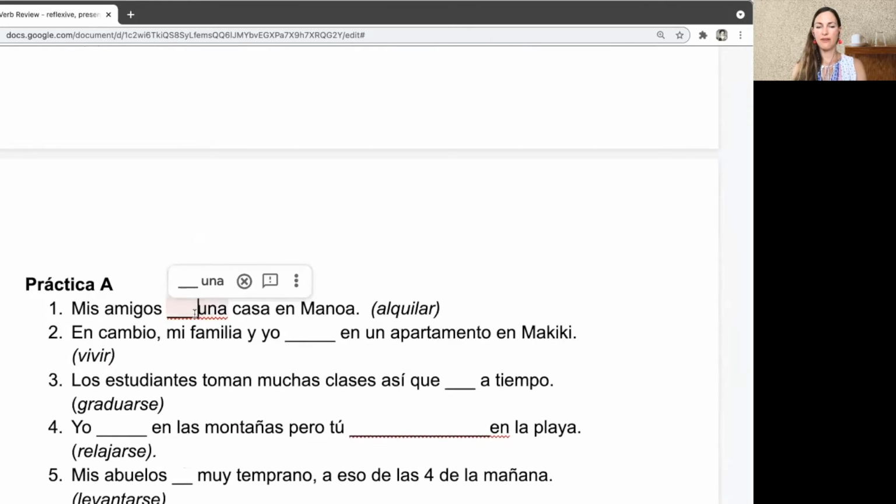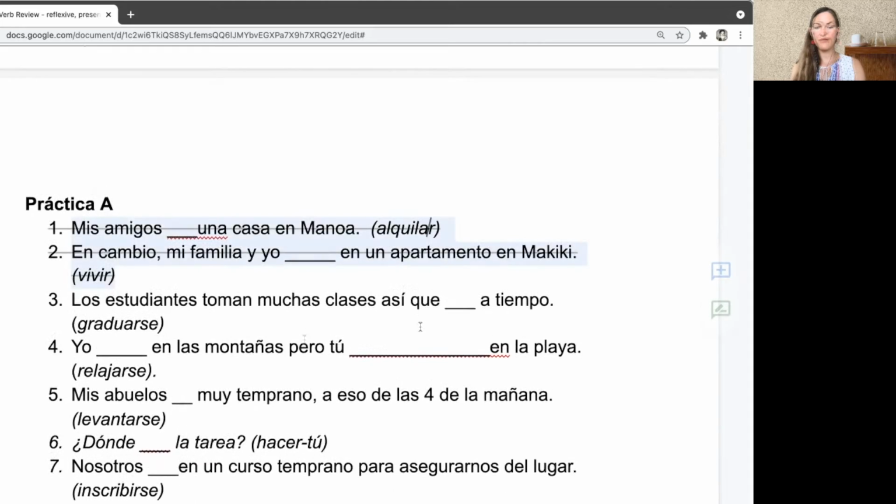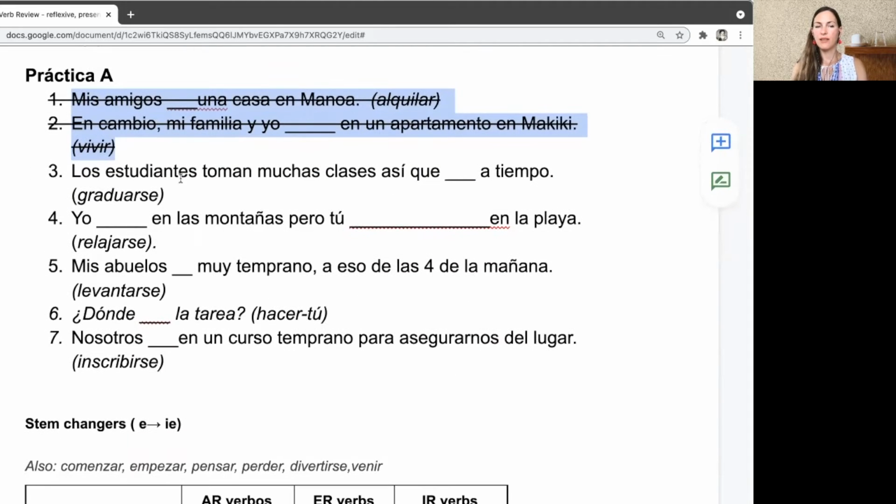All right. So again, you'll want to look at your vocabulario. Okay, mis amigos, they, right? My friends, they. This isn't reflexive. Okay. So, los estudiantes toman muchas clases, así que, which means kind of like so. They're going to graduate themselves on time. So what do we do? First step, take off this se. Then we see it's an AR verb.